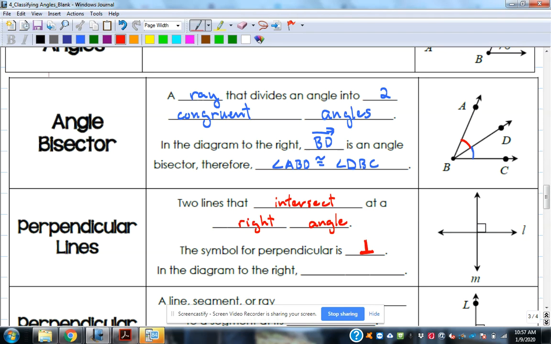L and M. So line L and M are perpendicular. So the way that you could write that would be L is perpendicular to M. I'll make that more of a script M. L is perpendicular to M is how that can be written. So that notation is going to become more and more important as we go along.